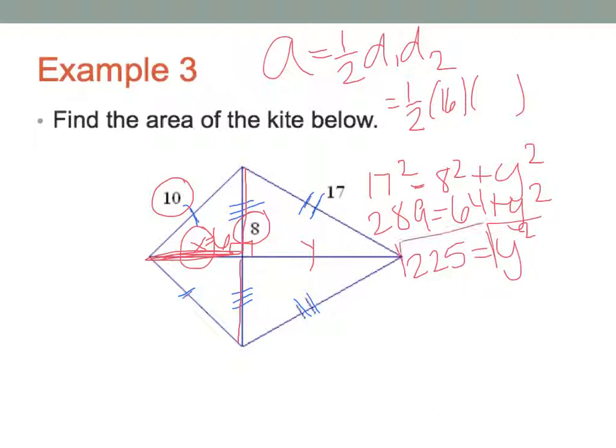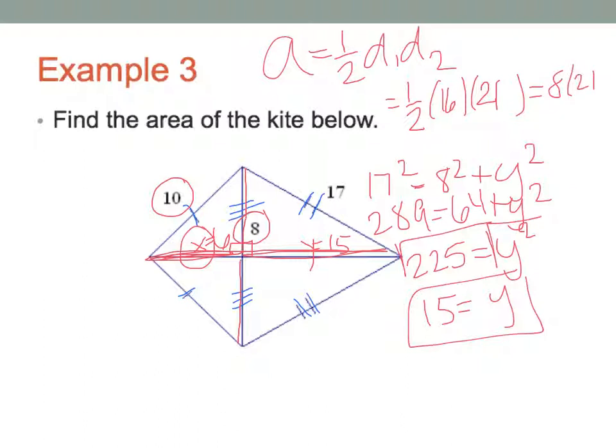Take the square root of each side, and y now equals 15. Here I've got 15. Therefore, my entire diagonal is going to be 15 plus 6, and I'll get 21. So I'm going to write in the 21 up top here. So this is going to be 8 times 21, and if I simplify that, I get 168 units squared is the area of this kite.